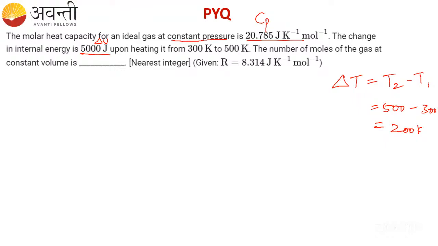So delta T is 200 Kelvin. The number of moles of the gas at constant volume, N value, we have to find out. So how to find out the value of N? Can you guys try for this?